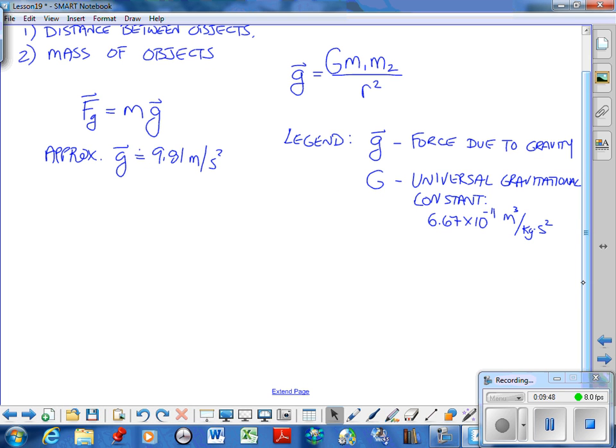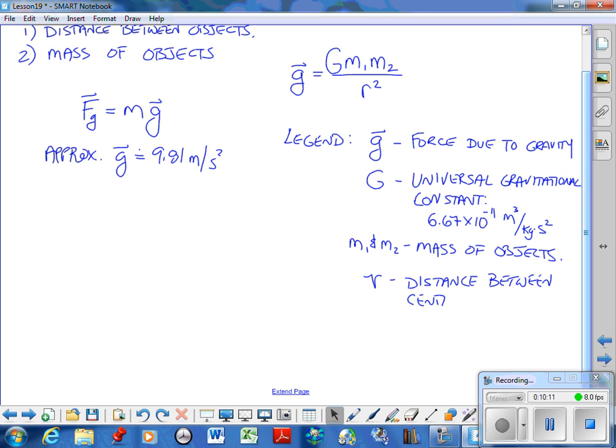M1 and M2 are just masses of the objects. And the r in the denominator is distance between centers of objects.